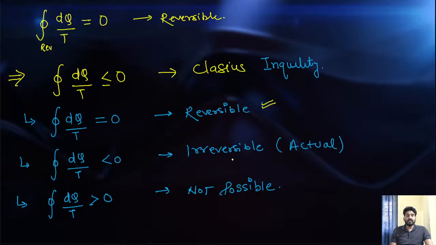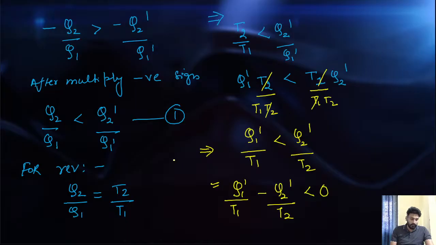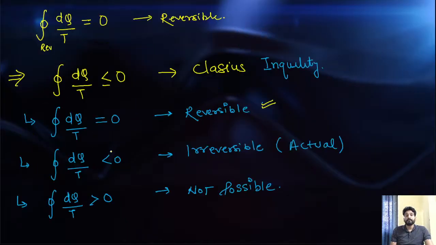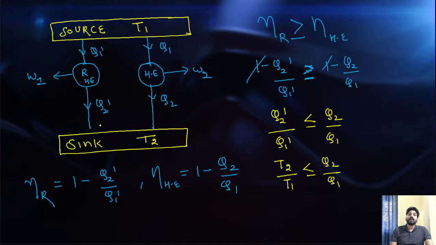For irreversible, we know this, we can derive all these things, right? So for irreversible, we can tell that this thing is true. And I just wrote this and told you that in the coming lecture I will derive how for reversible it equals 0. This is the only difference, right?